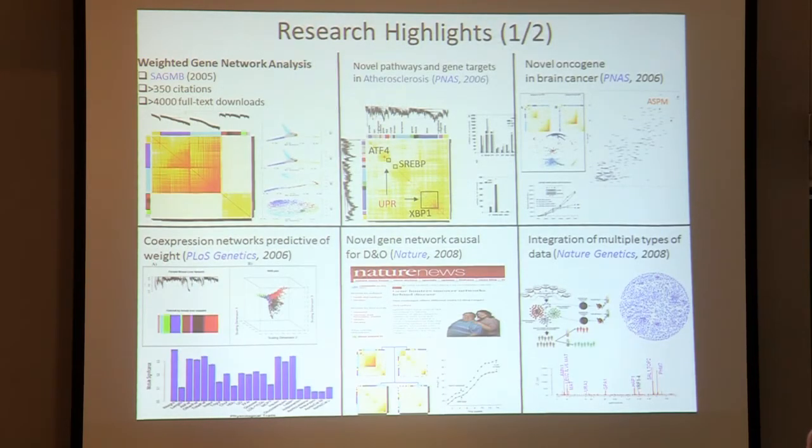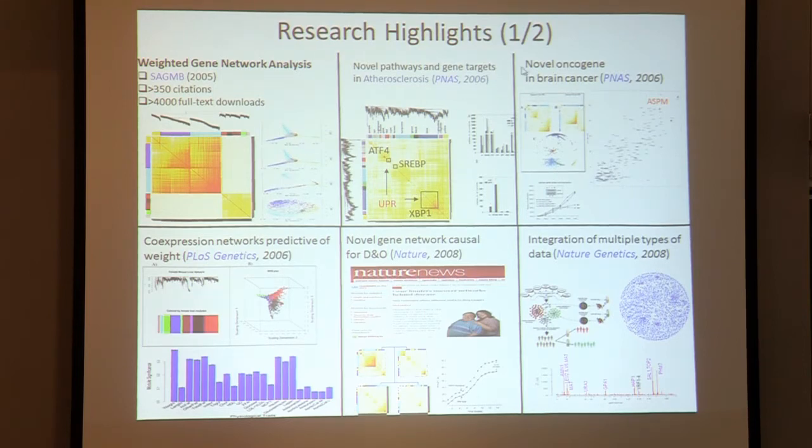So this is a short review of that work, but I will give more details about some of the approaches. In 2006, there were two high-profile applications of WGCNA, one in a stromal application and another in brain cancer.